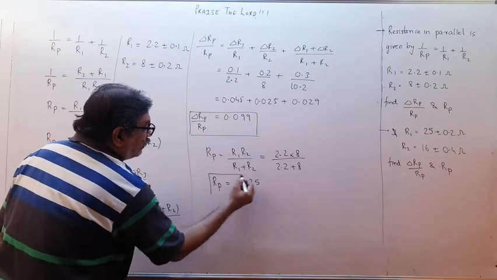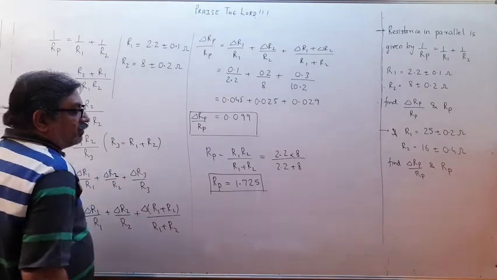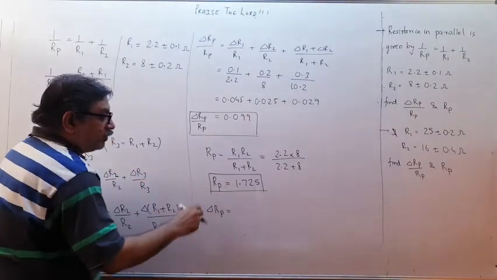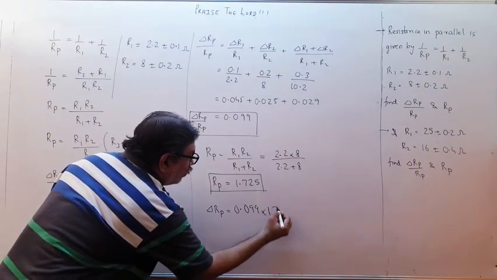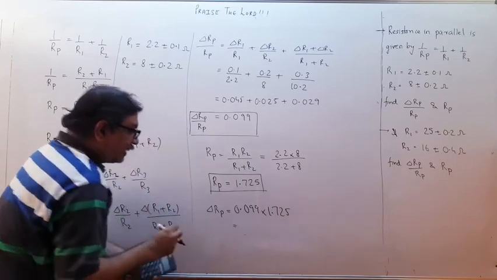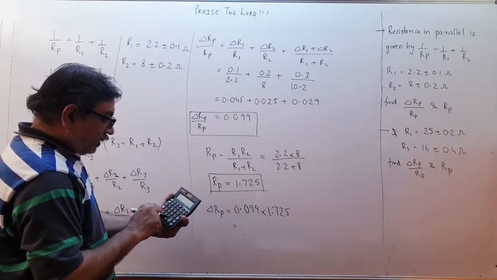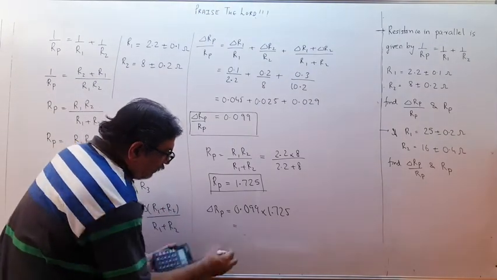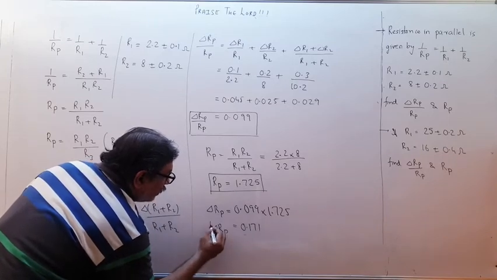That is your Rp true value. So if I keep over here, I will get delta Rp. So delta Rp becomes Rp into this much, 0.099 into 1.725. That comes out to be 0.171. That is delta Rp.